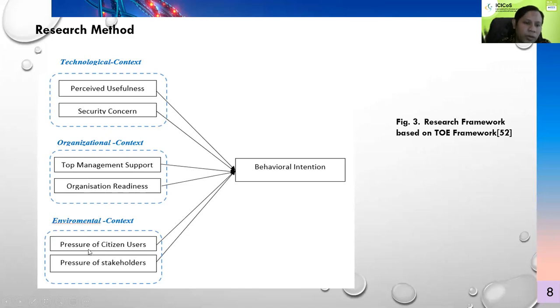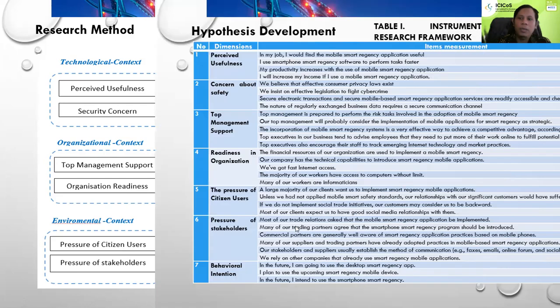In environment context, we use pressure of citizen users and pressure of stakeholders, and we will examine which dimension and variable have a positive and significant impact to behavioral intention to use mobile-based smart city application.